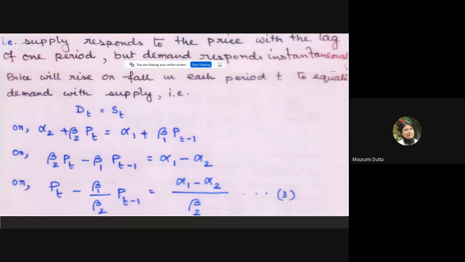we advance the time by 1 period without losing any generality. Without losing any essence of this model, we can rewrite the model as pt plus 1 minus beta 1 by beta 2 pt is equal to alpha 1 minus alpha 2 by beta 2.